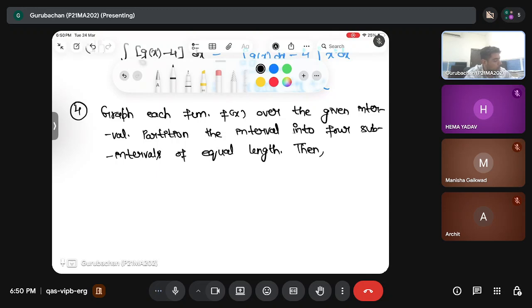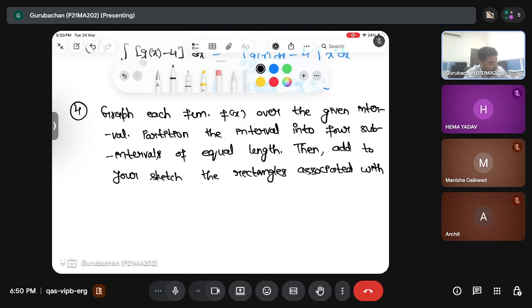Then add to your sketch the rectangles associated with the Riemann sum.